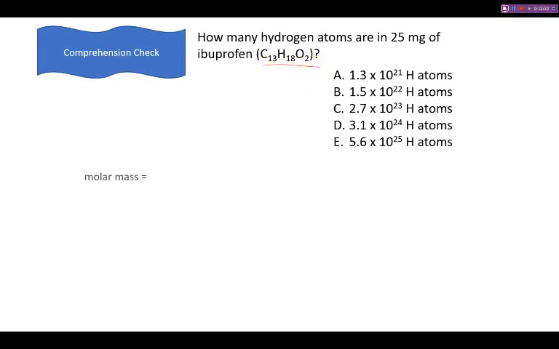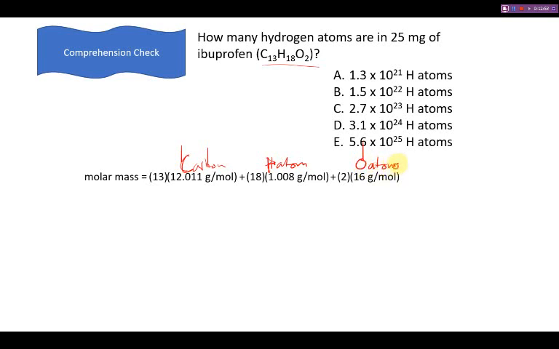We can determine the molar mass by adding together the mass of all of the carbon atoms with the mass of all of the hydrogen atoms to the mass of all of the oxygen atoms. That gets us a total of 206.29 grams per mole.